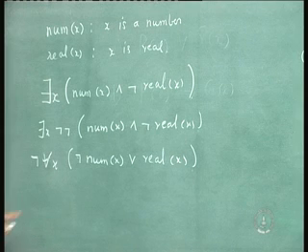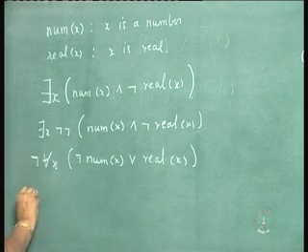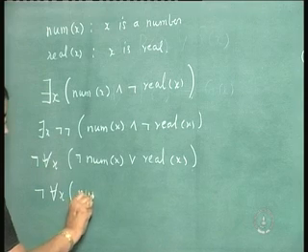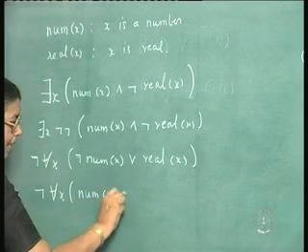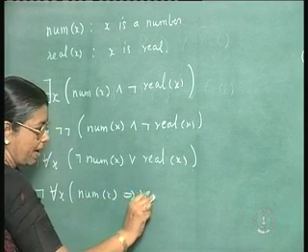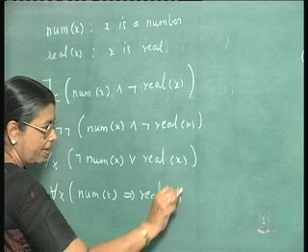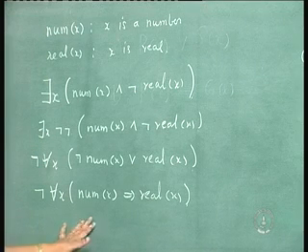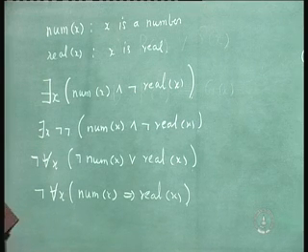And if you write this using implication, this will become not for all of x, num of x implies real of x. This way you can write. There is a slightly different way also, but we can keep this.